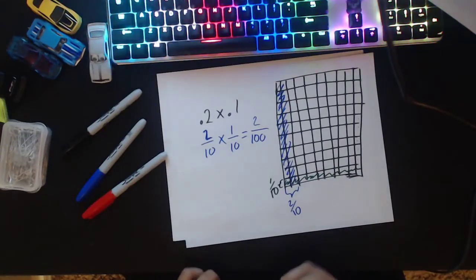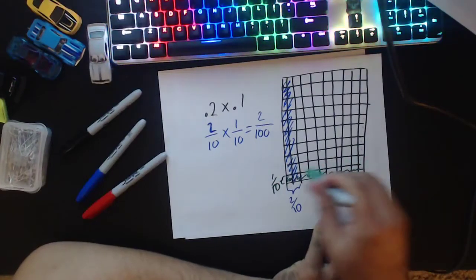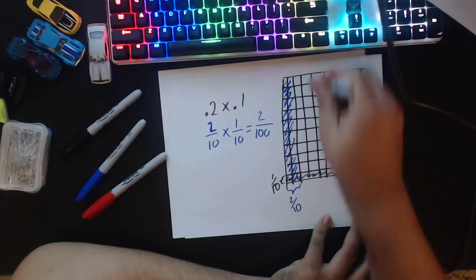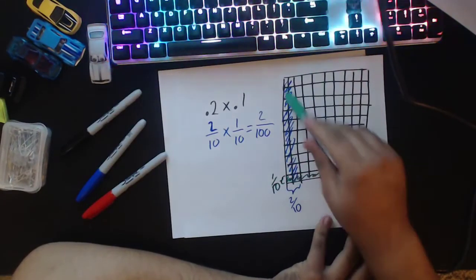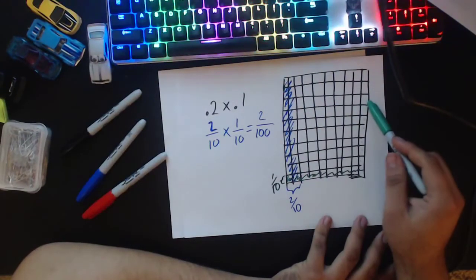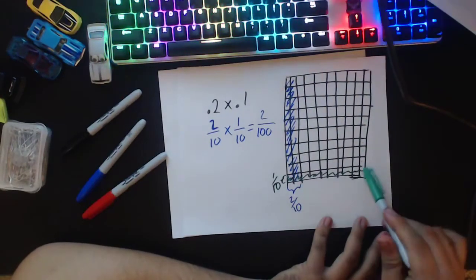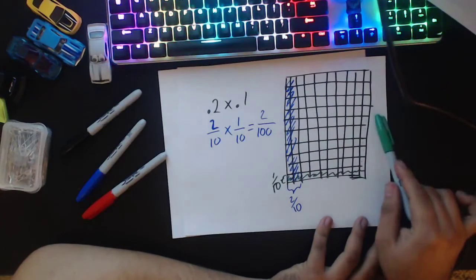That represents my 1/10, because going this way in columns, we have 1, 2, 3, 4, 5, 6, 7, 8, 9, 10. And we have 1 shaded in. That is 1/10 of these 10 columns. And this is 2/10 of these 10 rows. Now, altogether, we have 100 boxes, because 10 times 10 will give me 100 boxes.